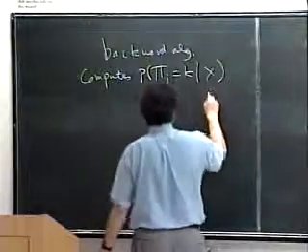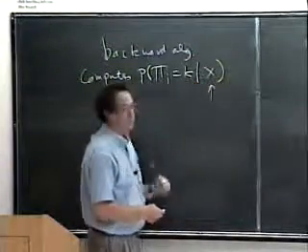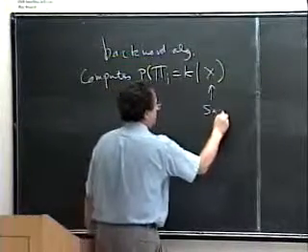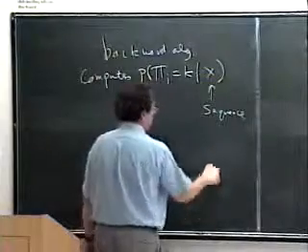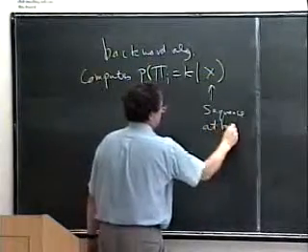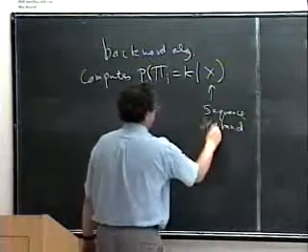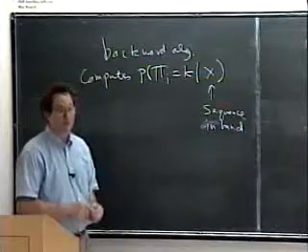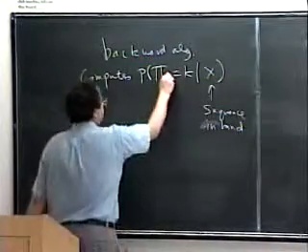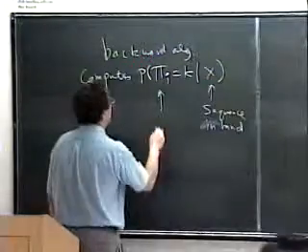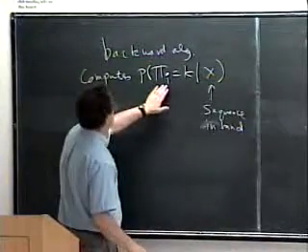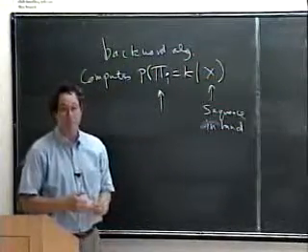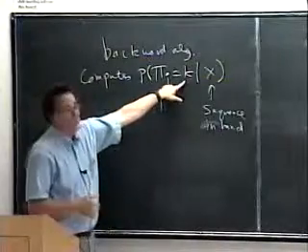This is the sequence. Last time I was talking about S, but it was always x1 through x something, so we might as well just call it x. So this is the sequence at hand, or in hand. This is the sequence you're looking at, trying to analyze with respect to the hidden Markov model. This is saying that the ith step of a Markov chain is in state k.